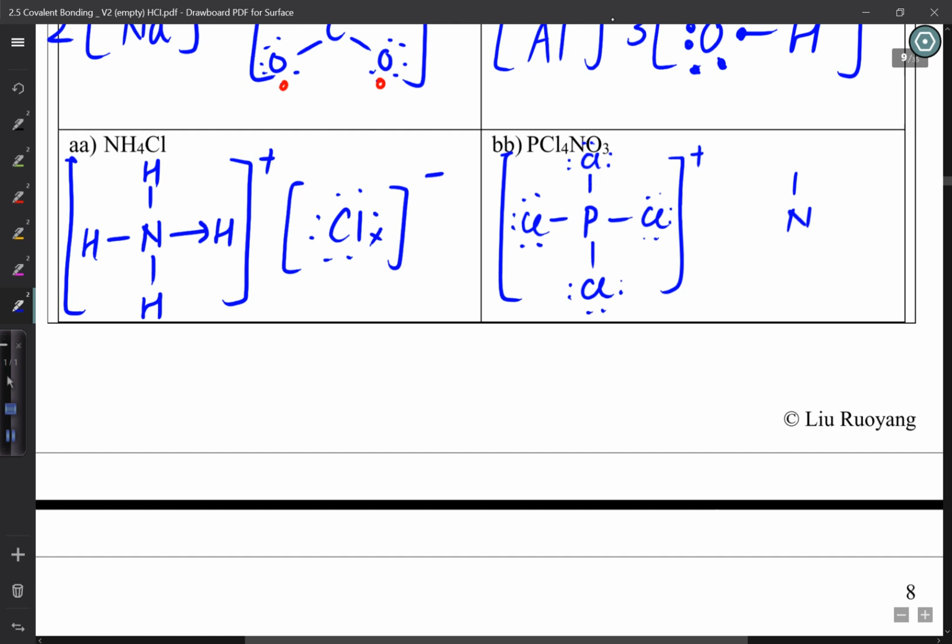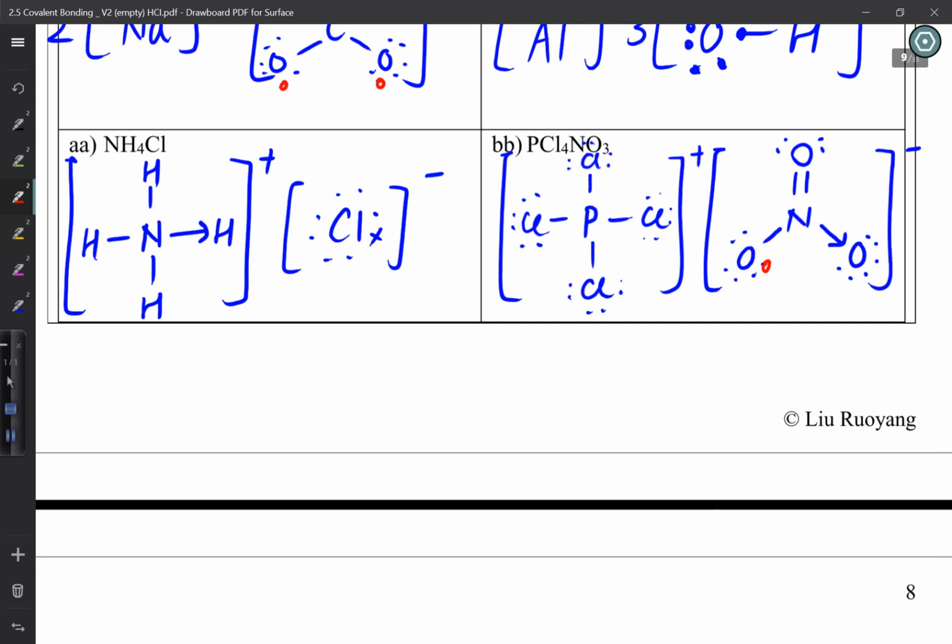I already mentioned. So this is the structure of NO3 minus. Take note if you want, one of these electrons comes from phosphorus. This is the structure of PCl4NO3.